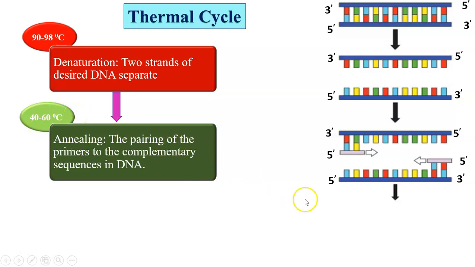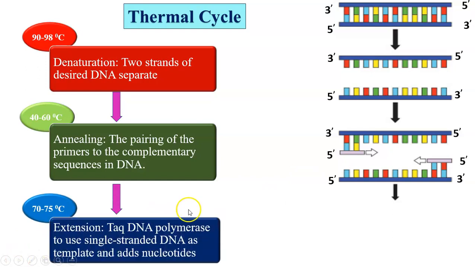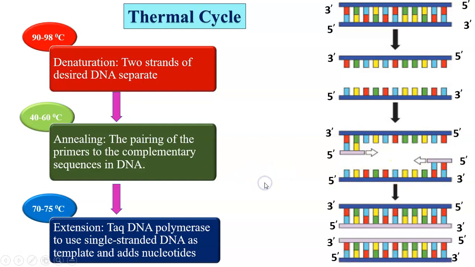And then the next is again rise in temperature, 70 to 75 degrees Celsius. Extension, the Taq DNA polymerase is used and it goes on adding the fresh deoxyribonucleotide phosphate against the single-stranded DNA, and this single-stranded DNA becomes double-stranded DNA.